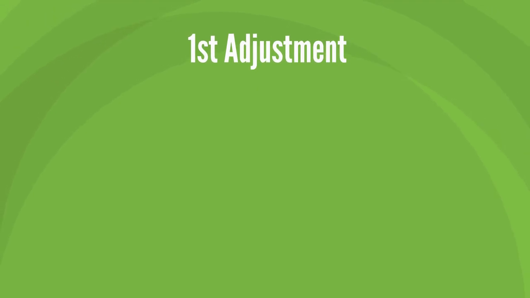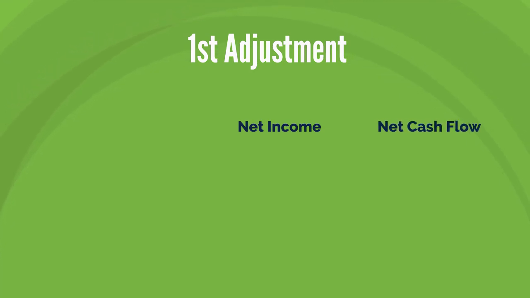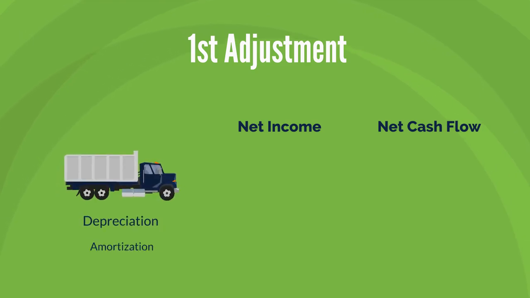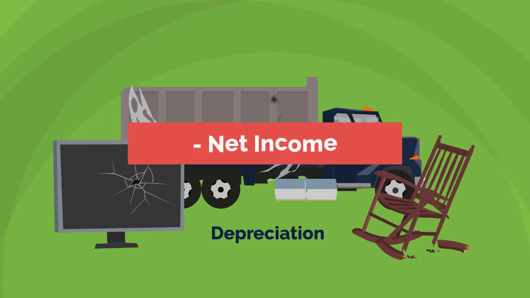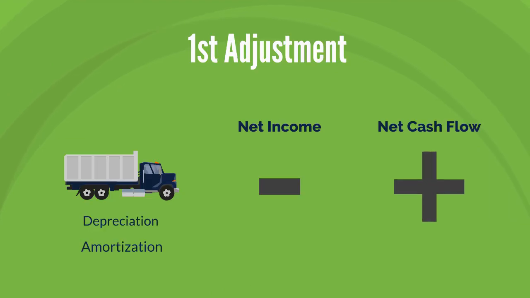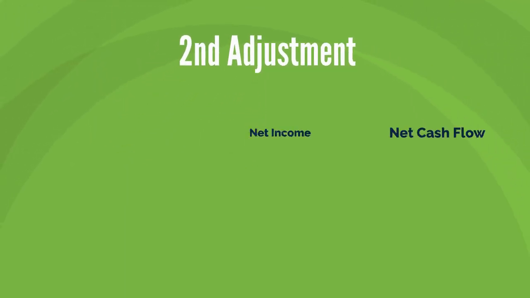Number 1. Non-cash charges that we charge to net income but don't actually affect how the cash flows in real life. Examples of this include depreciation and amortization, where they had a negative effect on our net income, but didn't require us to pay the costs in cash, so we added back to our cash flows. Number 2.